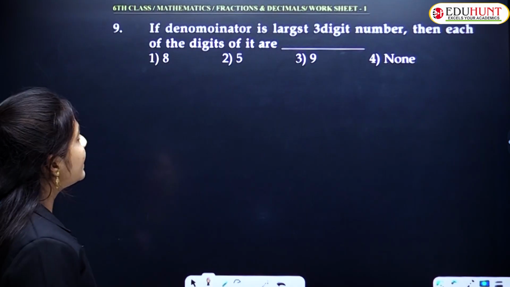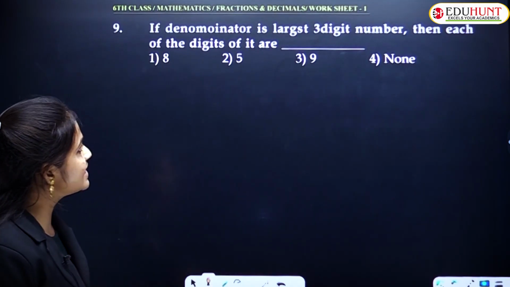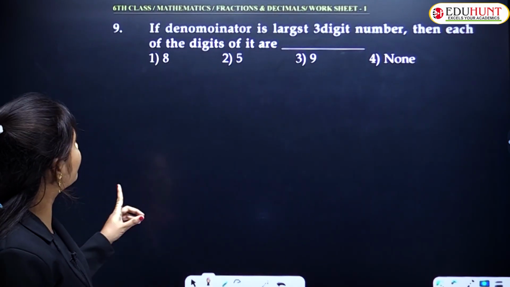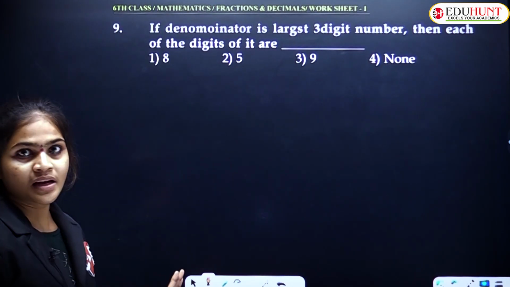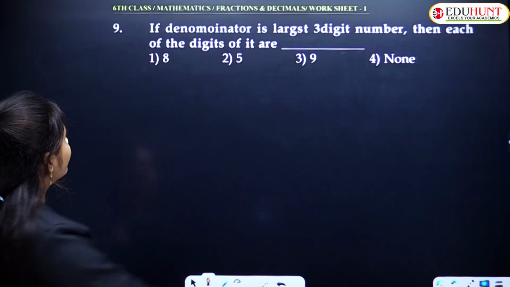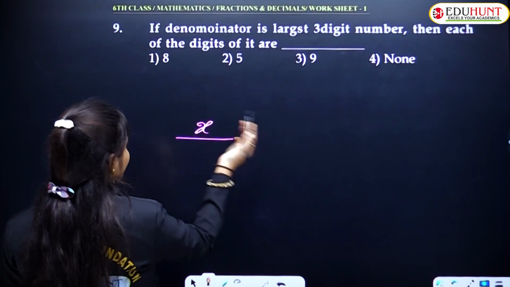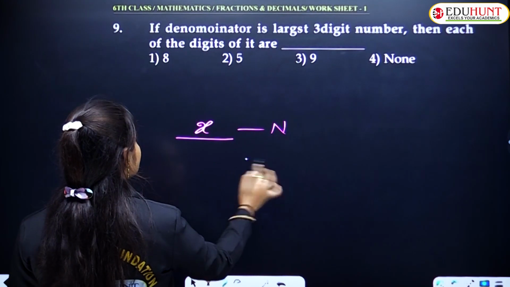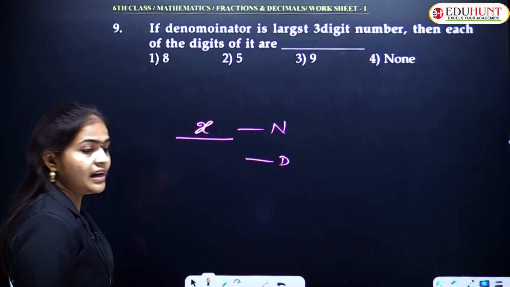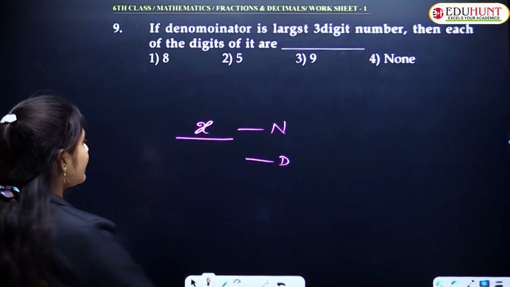Okay, next. 9th one. If the denominator is the largest 3-digit number, then each of the digits of it are. The denominator is the largest 3-digit number. The numerator, whatever it may be, leave that. They just gave that the denominator is the largest 3-digit number.